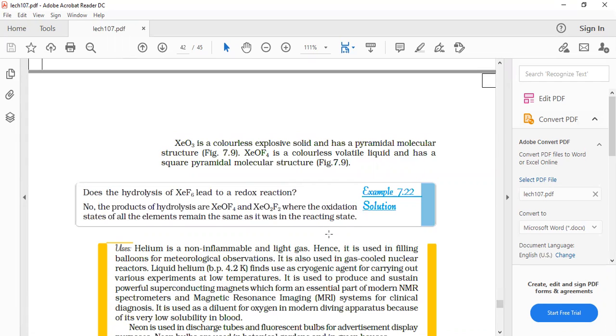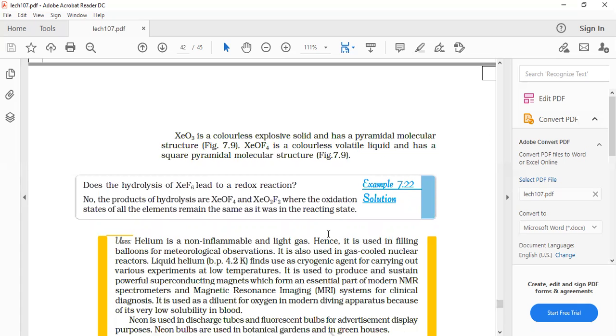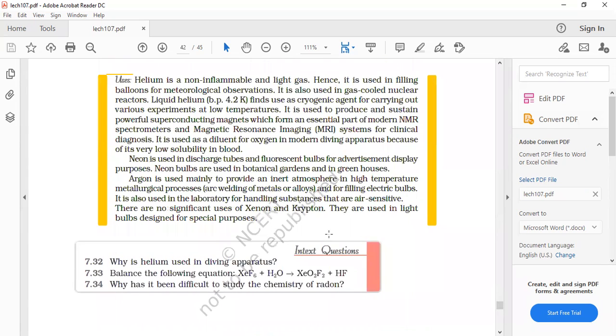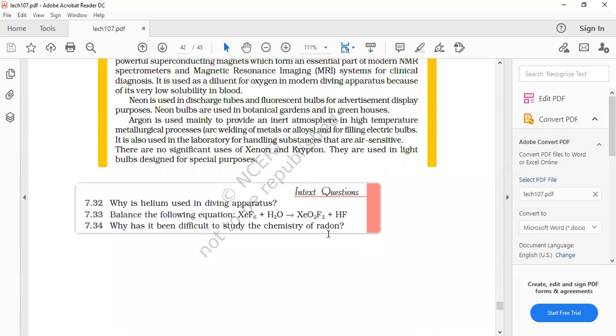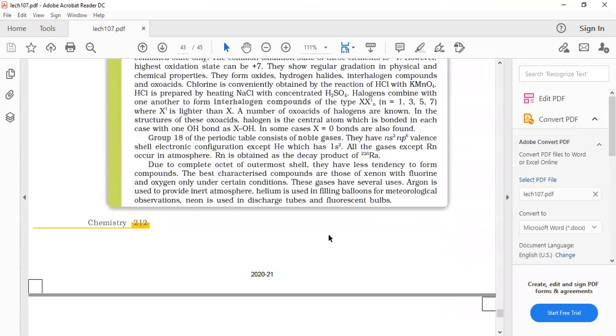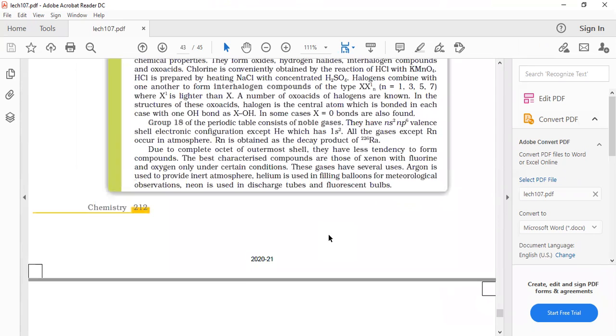You have to remember the structures of these two compounds. Uses are not there in your syllabus, so no need to read these uses. Okay, now our unit is over. Chapter number 7.